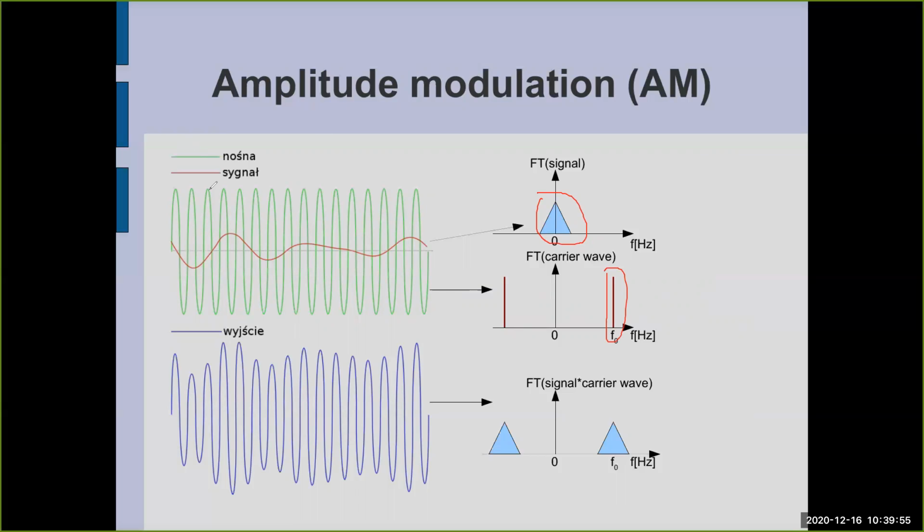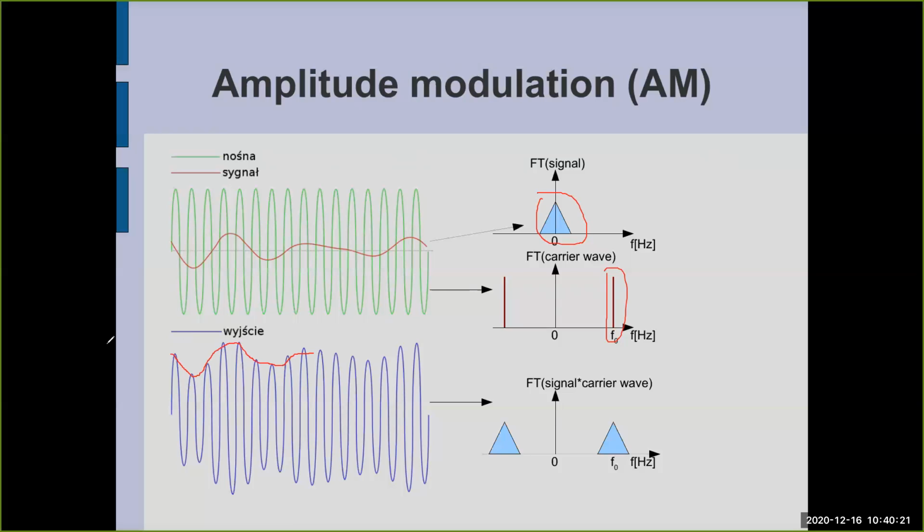Now, if we perform signal modulation, so we multiply our signal by the carrier wave, we get a signal which looks like this. Here you can see the envelope, whose shape is taken from the original signal.